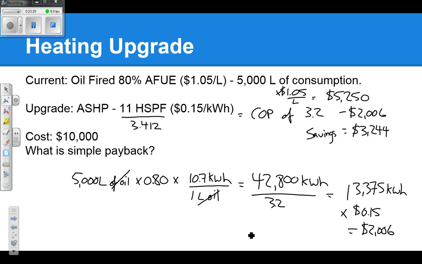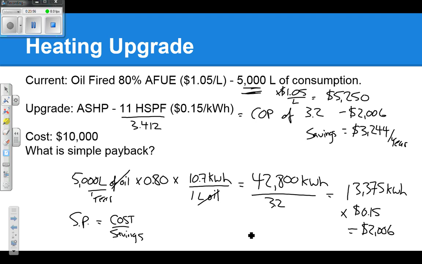Okay, and we remember back the simple payback formula. Simple payback equals cost over savings. And of course, this is per year. I could carry this all the way through. It's per year here, and up here it was also per year.